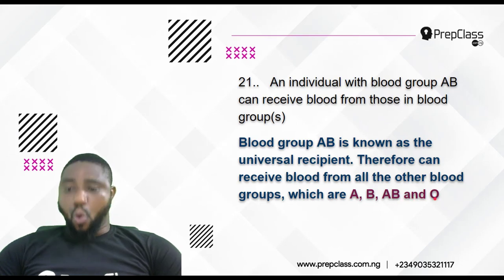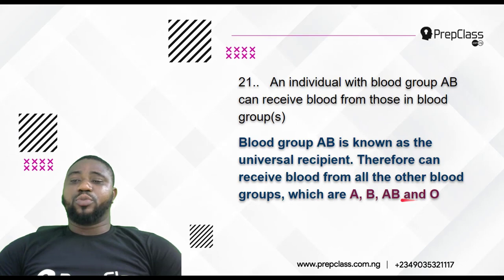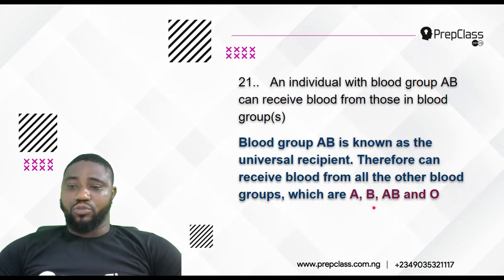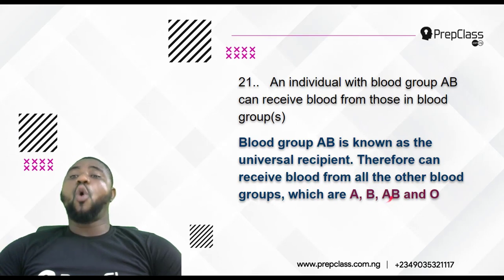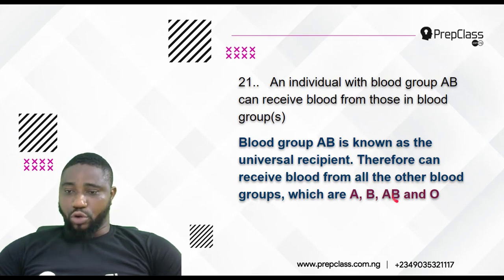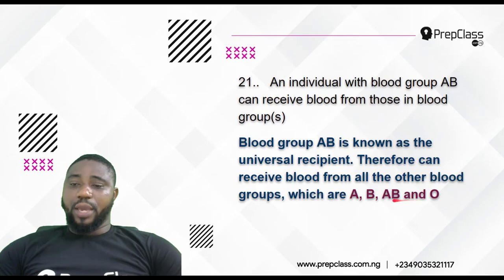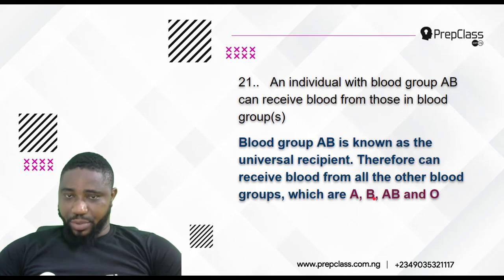Blood group O is the universal donor. So blood group AB can receive blood from all the other blood group types, but can only donate blood to blood group AB. Take notes. AB can receive blood from everybody, but can donate blood to only blood group AB.